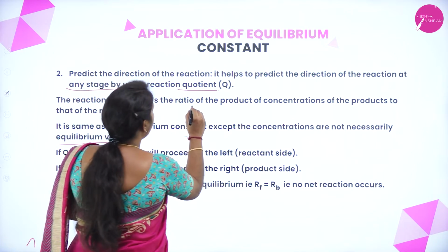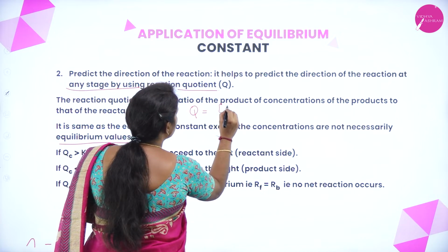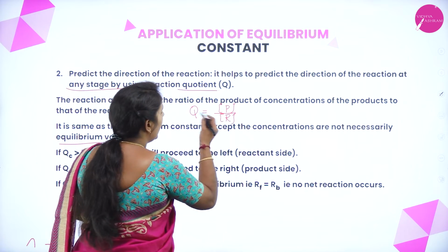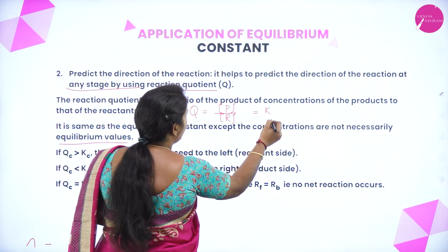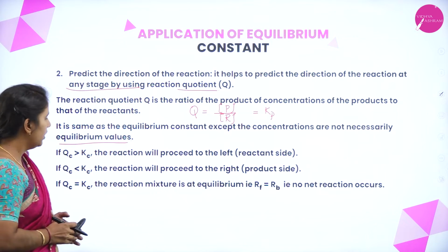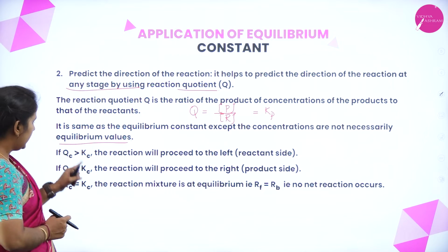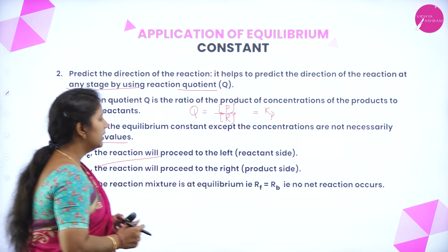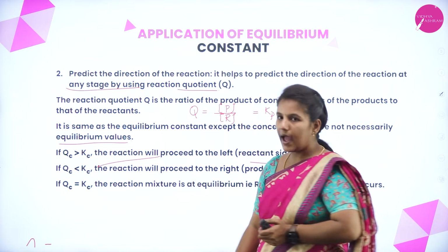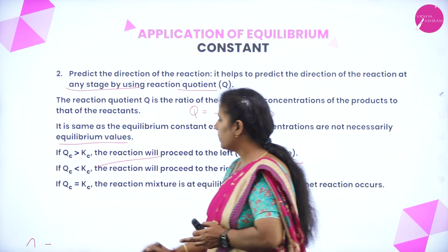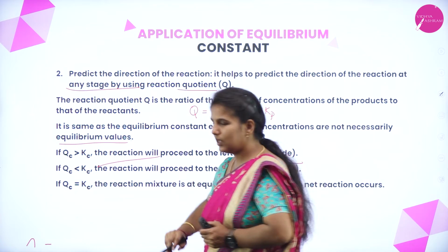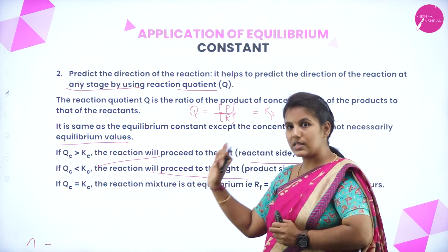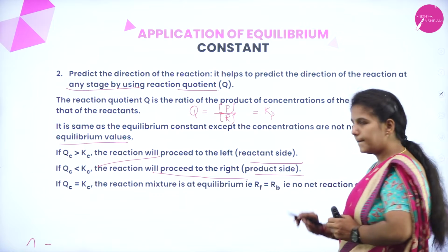As we have understood, Q is nothing but the concentration of the product divided by the concentration of the reactant, as we have seen with the Kp value also. Correct, no? If Qc is greater than Kc, the reaction will proceed to the left, that is to the reactant side. If Qc is lesser than Kc, then the reaction will proceed to the right side, that is towards the product.